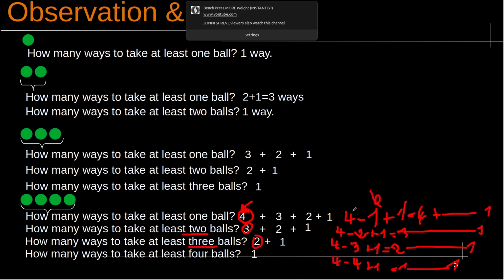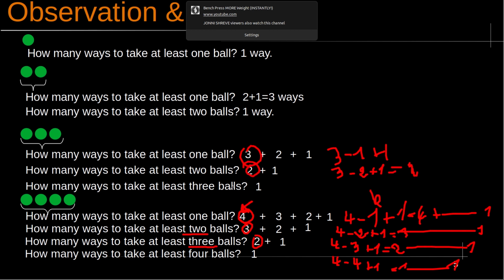Let's see if this formula fits with the other examples here. For this one, for example, the length of the sequence is 3, at least 1 ball, minus 1 plus 1, is equal to 3. For 2, it will be 3 minus 2 plus 1 is equal to 2.